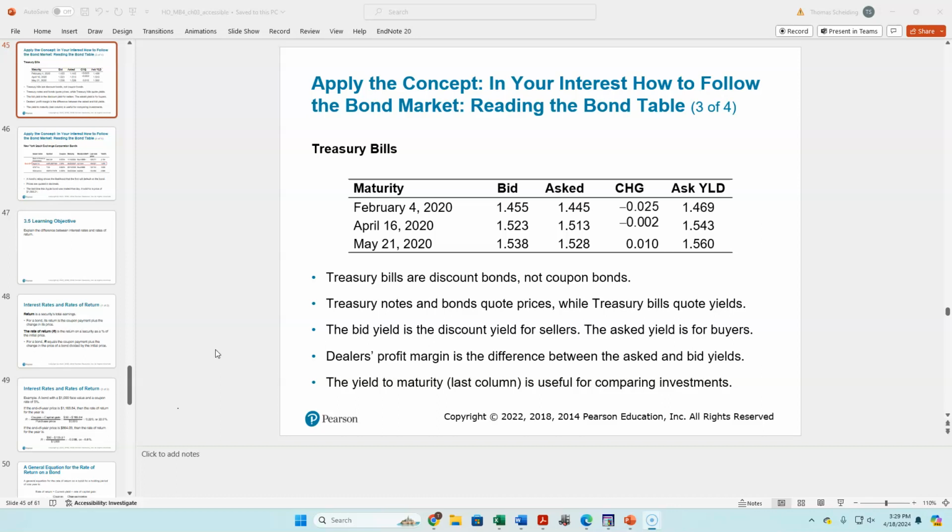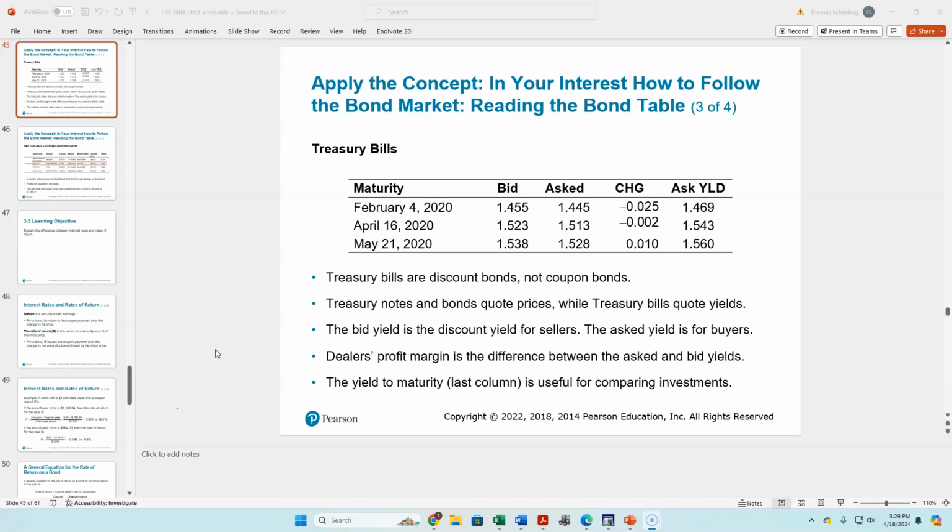That slight spread is essentially the profit margin, what the dealer is going to make in the difference between the two. It's in some sense the price you pay to build the market.